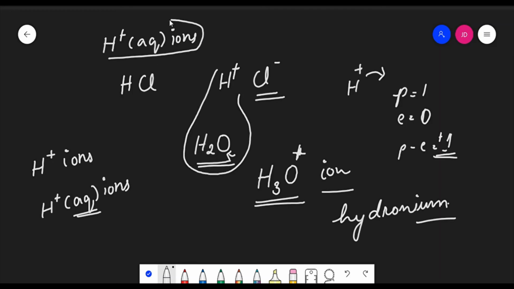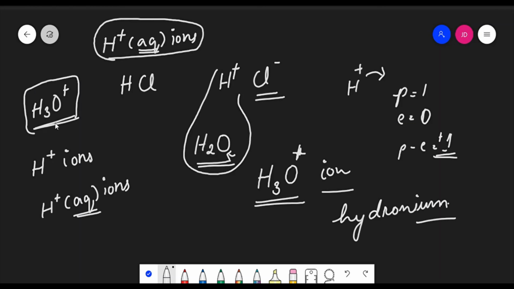This is very much necessary. So never write H plus alone. H plus can never be alone. H plus will be there when water is present. So either you write H plus aq or simply H3O plus. Both have the same meaning. H3O plus is after reaction, and H plus aq means that water is present. So here what we learned is that acids cannot behave as acids without water.